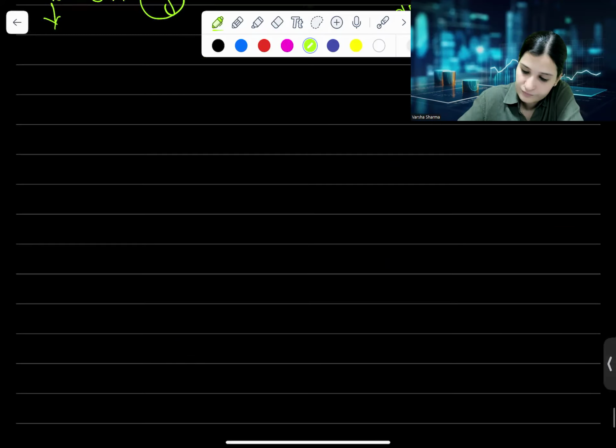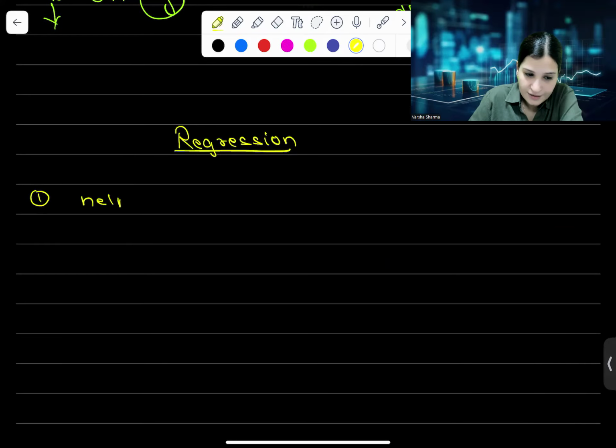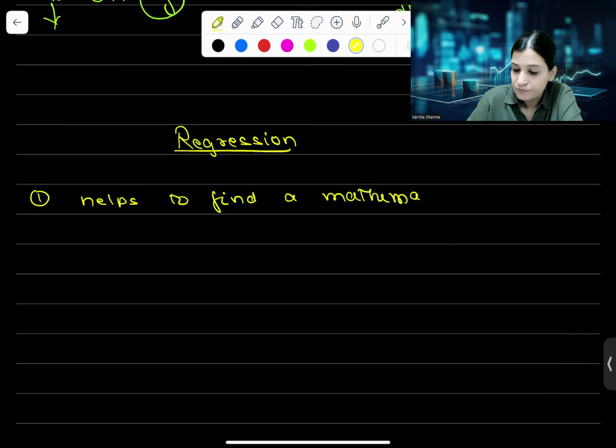Regression. First, it helps to find a mathematical relation between x and y.